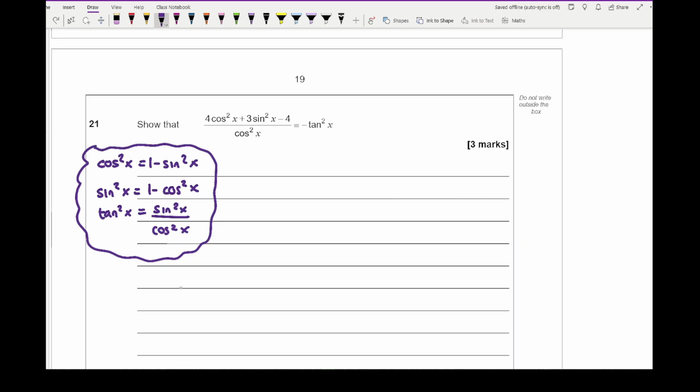Now what we need to do is take one side, so we take the most complicated side. Taking the left hand side, we've got (4 cos squared x + 3 sin squared x - 4) all divided by cos squared x. Because we've got tan squared x, what we want to try and do is get sin squared x at the top.